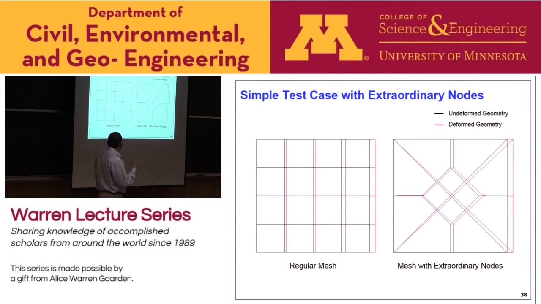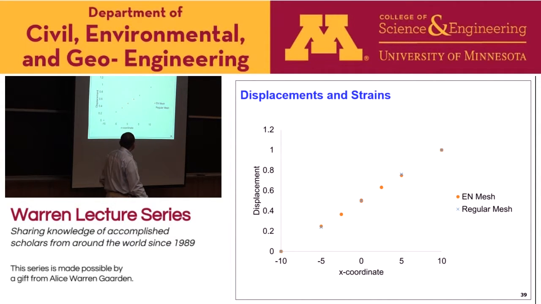We used a simple method where we pull on this block by fixing one side and applying a displacement boundary condition on the other side. And this is the displacement graph. The solid circle is the extraordinary node, and the x's are the regular ones. You can see the displacement lies on the straight line on which it is supposed to lie.